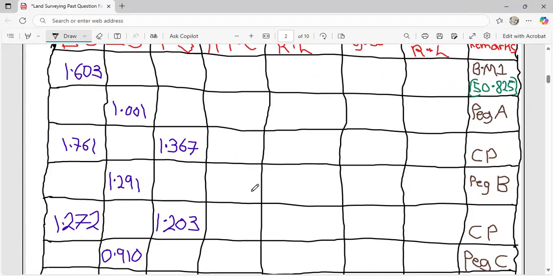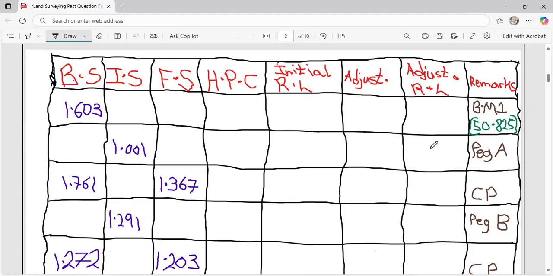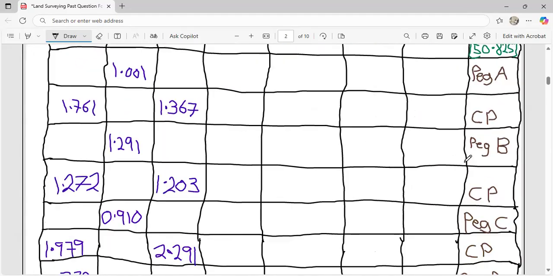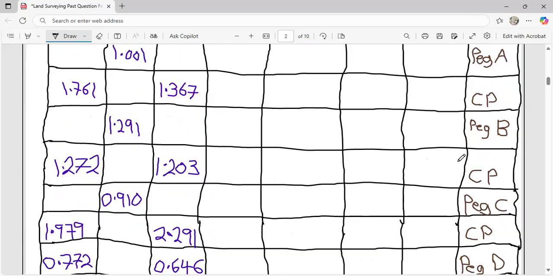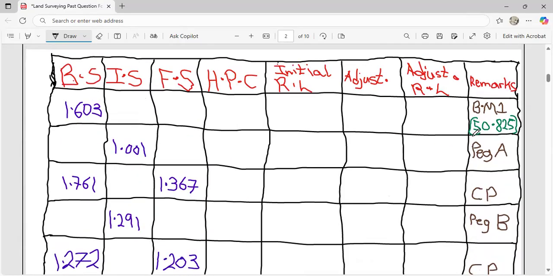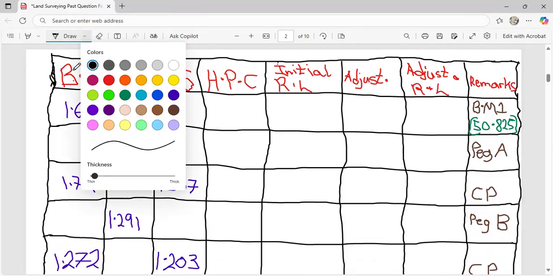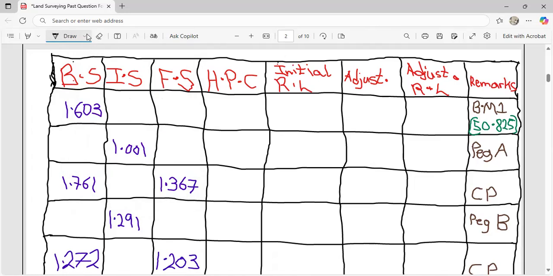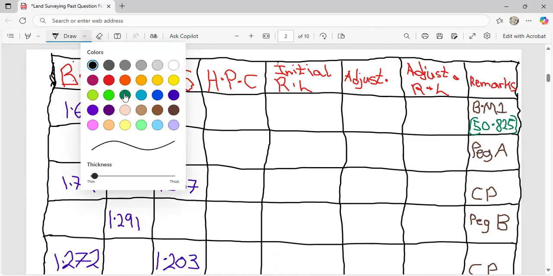Without beating about the bush, from my previous lectures, we learned that after constructing the table like this, the next thing we are supposed to do is note that the initial reduced level for BM1 has been provided.